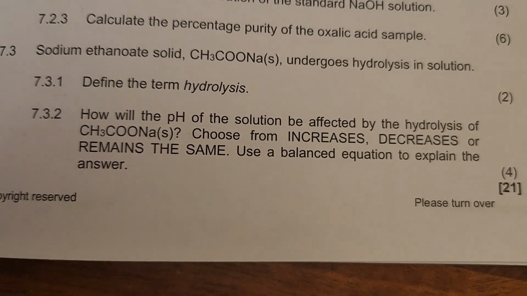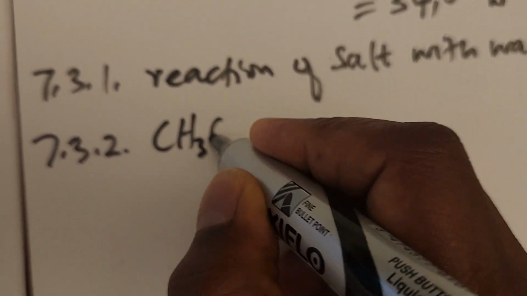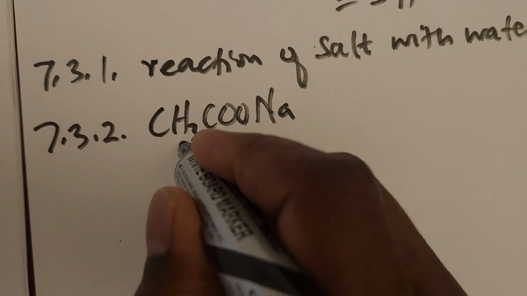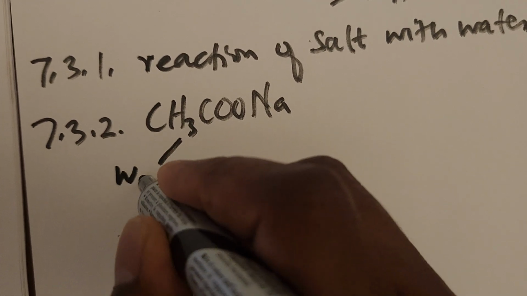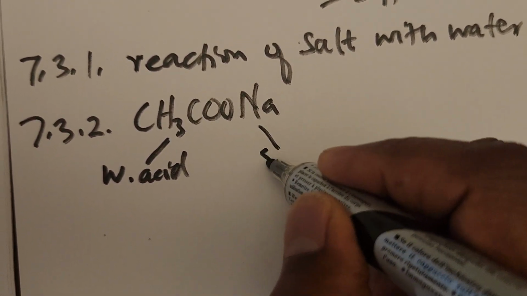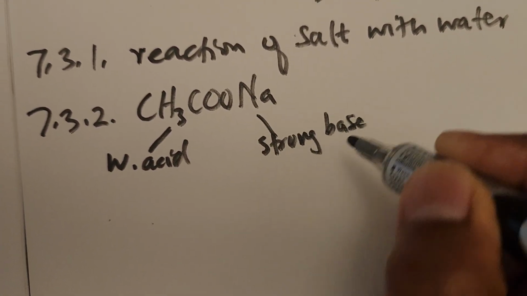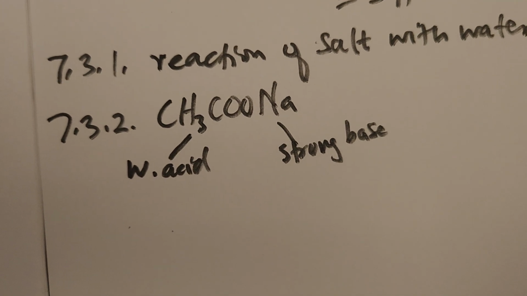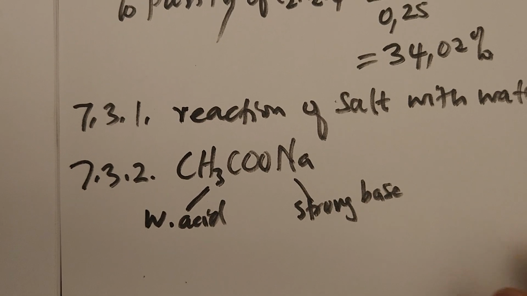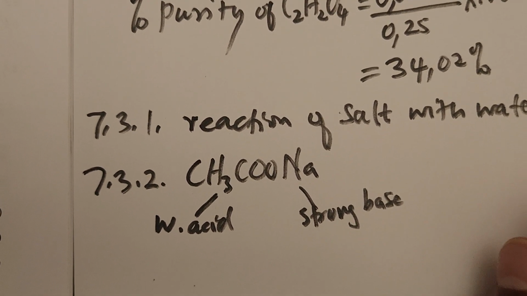Sodium ethanoate is coming from a weak acid, which is ethanoic acid, and a strong base. So you can see this sodium ethanoate is basic because it is the salt of a strong base and a weak acid. So the pH will be above 7, obviously.